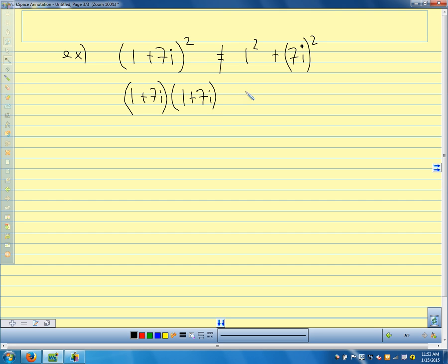And what do we get here? First, I get a 1, plus 7i plus 7i, I get a plus 14i, minus 49i squared. I usually write out this last one just so I don't make a sign mistake. Or I could just get rid of the i squared, right? 49i squared is negative 49, plus 1 is negative 48, plus 14i.